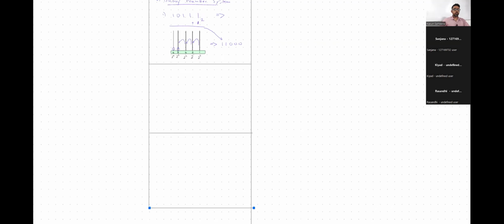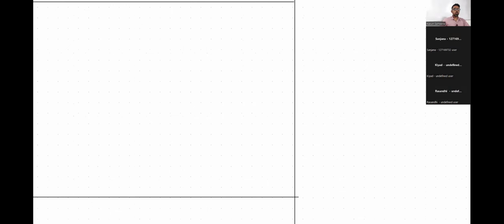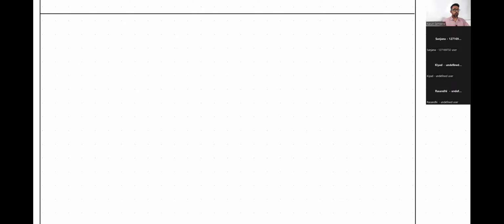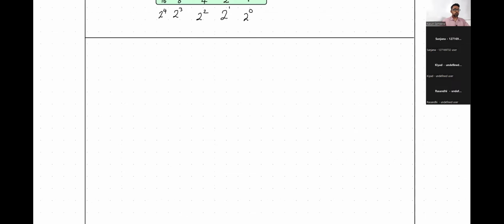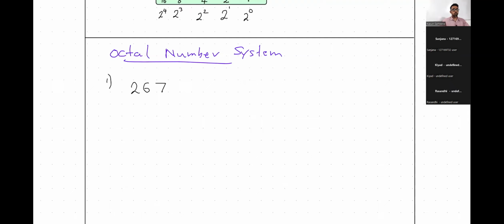Right. Let's represent the next number system, which is octal. I'm going to take the example number, which is 2, 6, 7, base 8. Why base 8? Because we are considering octal now.